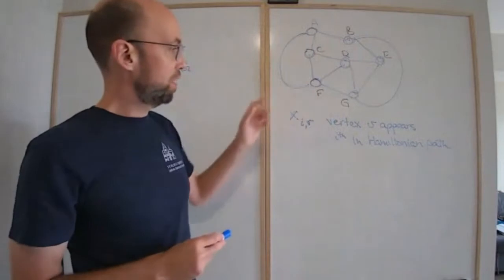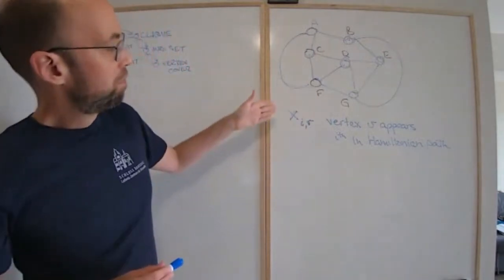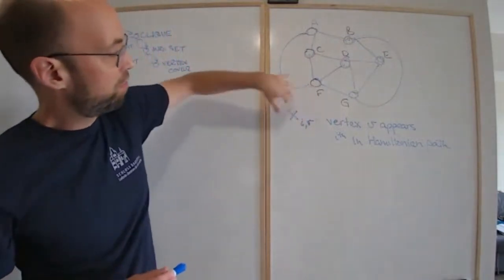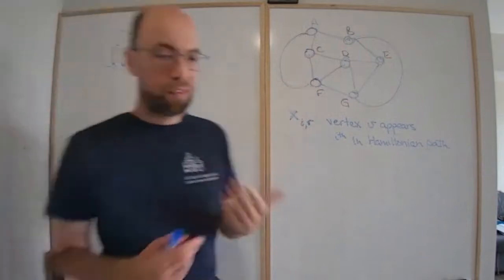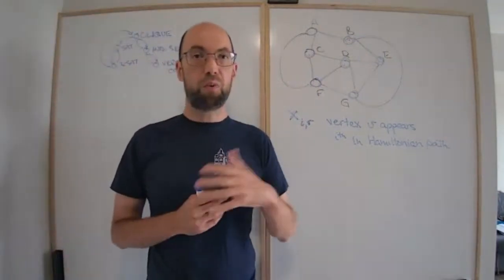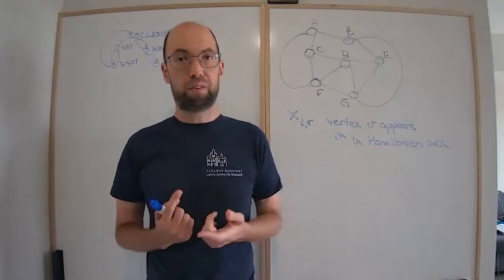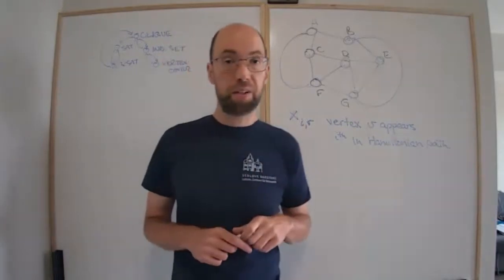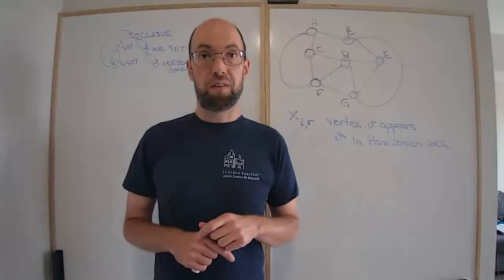So we're going to have all these. So obviously, every vertex has to appear somewhere. Every vertex appears only once, and you can't have two different vertices appearing in the same position.